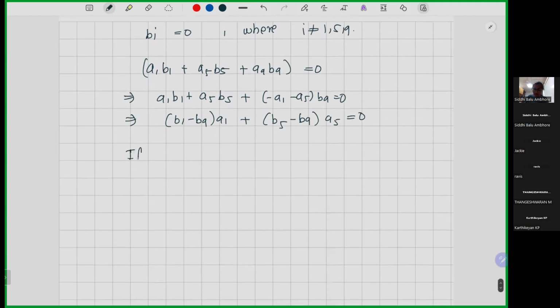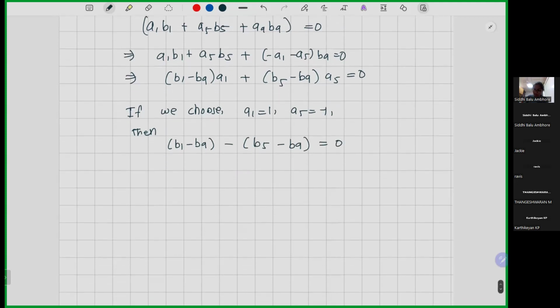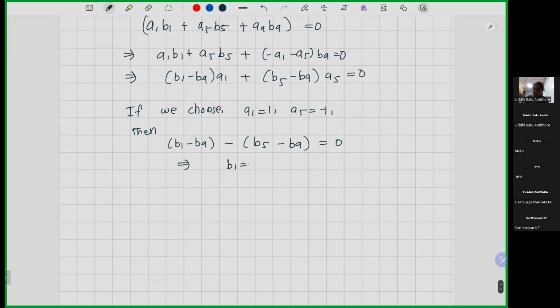Okay, so if we choose A1 is equal to 1, A5 is equal to minus 1, then B1 minus B9 minus B5 minus B9 is equal to 0 will give me what? B1 is equal to B5.